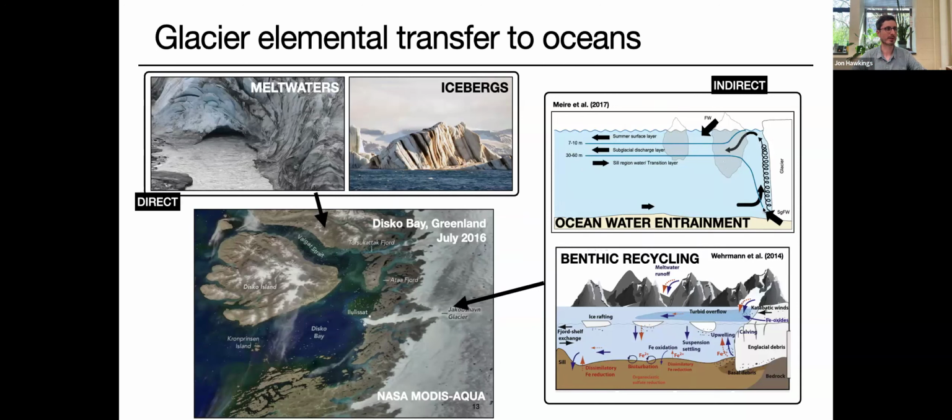So that fresh water coming in and forming this buoyant plume draws up deep oceanic nutrients to the surface of the coastal system. And there's also this other mechanism, which is benthic recycling.